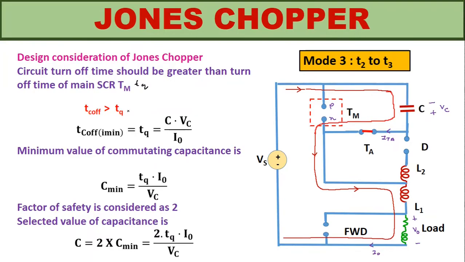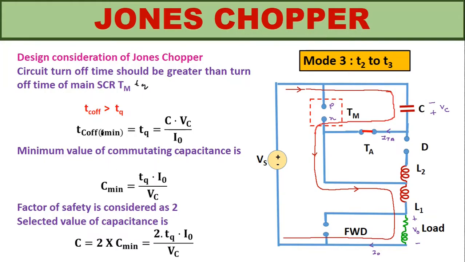If the Tc off is greater than TQ, the minimum value of circuit turn off time Tc off minimum will be equal to TQ, and TQ can be taken as C into Vc divided by I naught, because this is a constant value. So the minimum value of Tc off will be equal to TQ, and it will be equal to C into Vc divided by I naught.